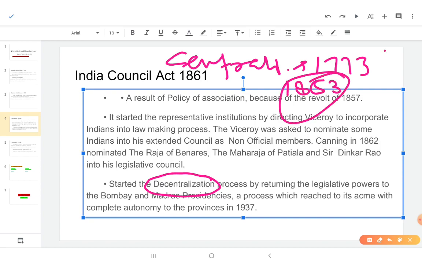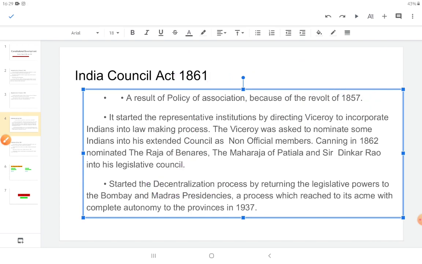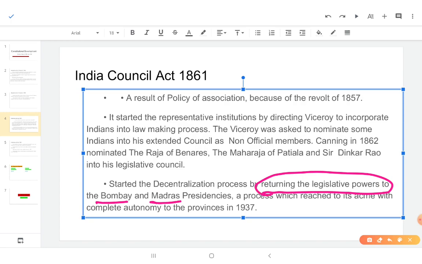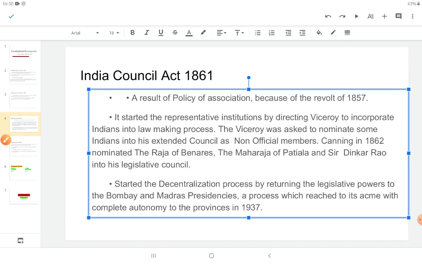Okay, but again in 1861 the decentralization process started, okay, by returning the legislative powers back to the provinces. Okay, so Bombay and Madras provinces, they were given their legislative powers back. Okay, and this process, decentralization process, finally led to its top in 1937.